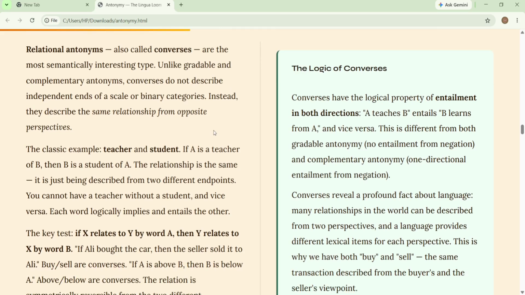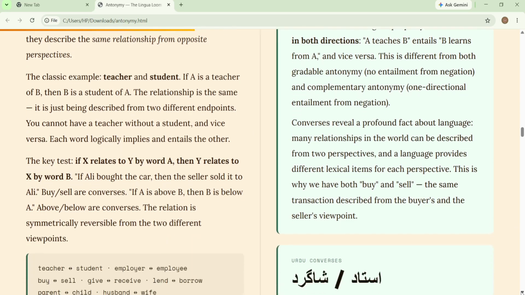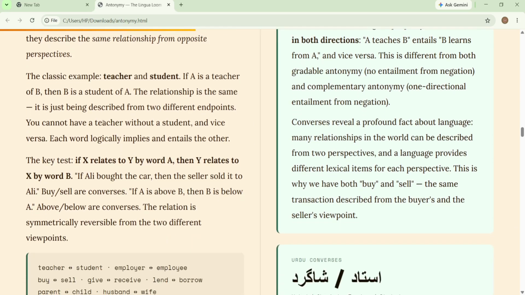Unlike gradable and complementary antonyms, converses do not describe an independent scale or binary category. Instead, they describe the same relationship from opposite perspectives, like teacher and student. If A is a teacher, then B must be a student.